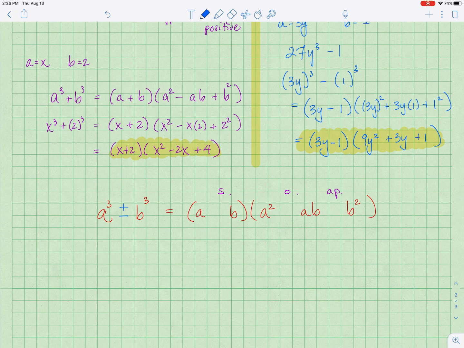And so if this first is positive, then in the parentheses it'll be positive. If it's negative, it'll be negative. So I'll just write plus or minus there. Whatever you start out with, that's what ends up as the sign in between A and B. And then because this one's opposite, I'm going to write it as minus plus instead of plus minus, and then always positive. So these were the same, these were opposite, and this was always positive. And that's the SOAP acronym for factoring sums and differences of cubes. And that's how you factor a bunch of different types of binomials.